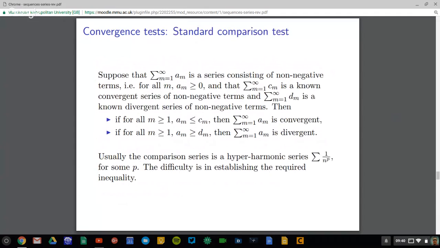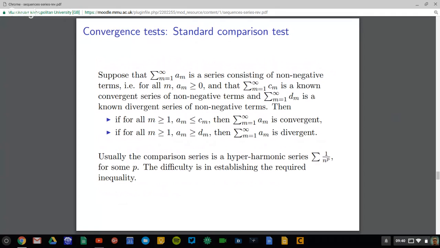The comparison tests are important. We had two of them, a standard comparison test and a limit comparison test. The standard comparison test works by establishing an inequality, comparing the series you're examining, which is this one up here, the sum of a_n, to a series where you know the convergence status.